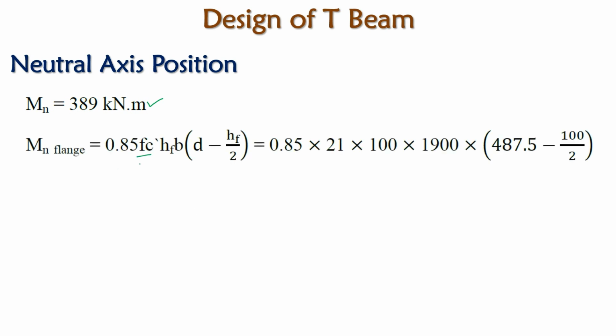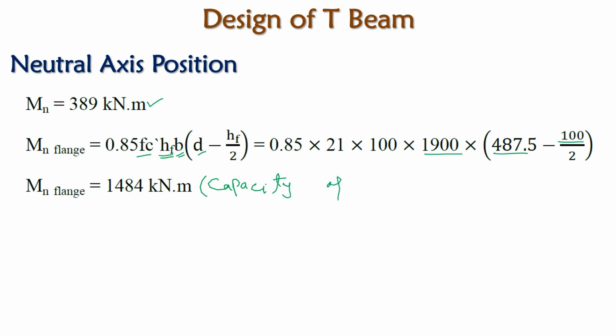Fc prime is 21. HF, the height of flange, is 100 millimeters. The effective width of flange we have determined is 1900 millimeters. The effective depth of the beam is 487.5 and HF is 100.